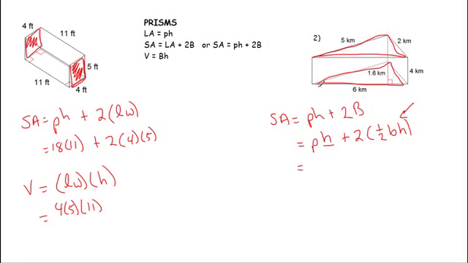So what is the perimeter of our base? 6 plus 4 is 10, plus 5 is 15. Times what's the height? What is the distance between the 2 bases? 4. Plus 2 times 1/2. And again, those are going to cancel out. The base of our triangle, that's important, is where it's the right angle, so it's 6 times the height, 1.6.